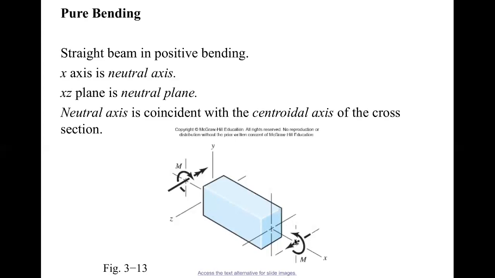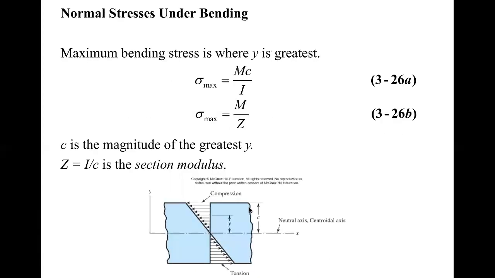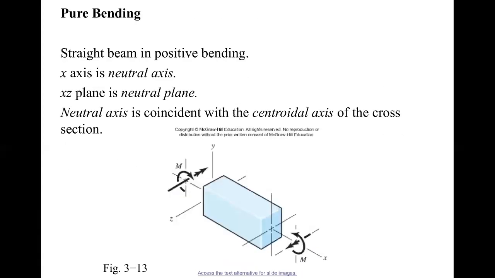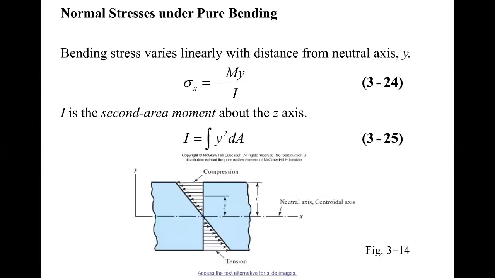The neutral axis is coincident with the centroidal axis of the cross section. So it's very important to find the neutral axis and neutral plane for the pure bending case.